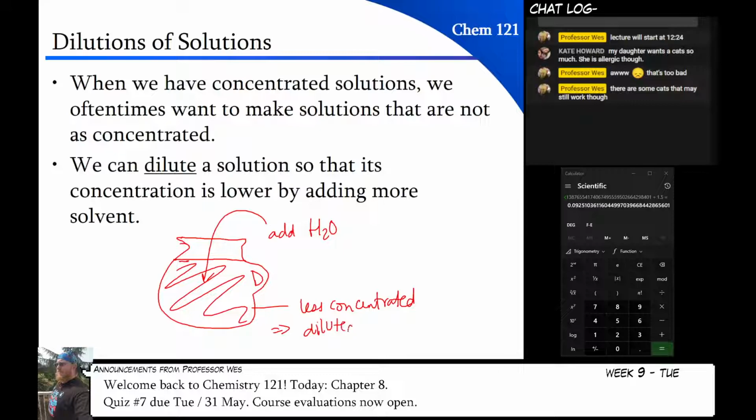And that's because you diluted it. So when you add water to something, you dilute it. Whatever is in there is the same amount, but now it is in a bigger volume.